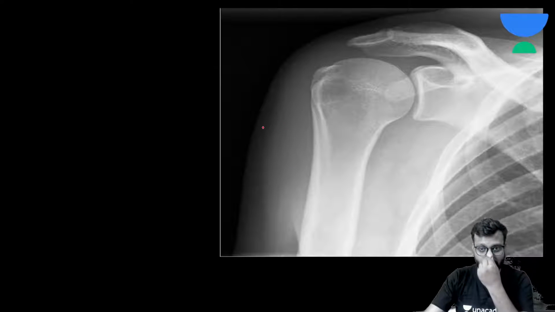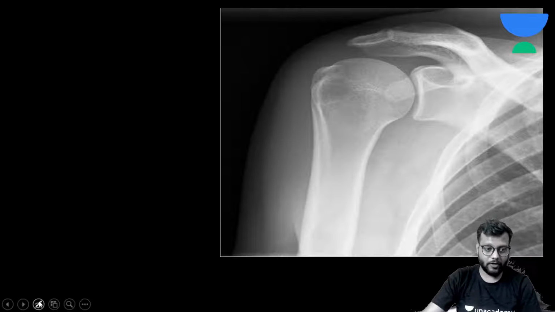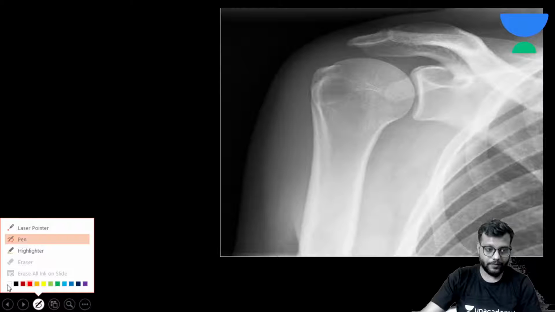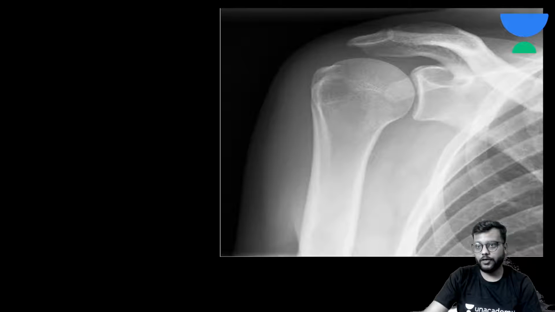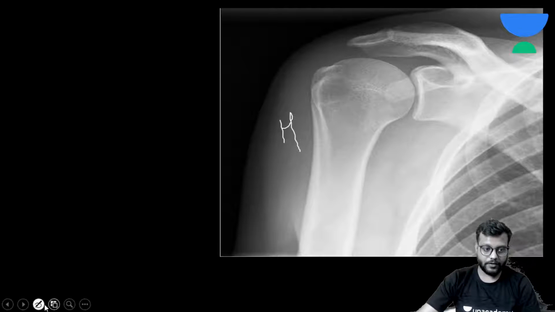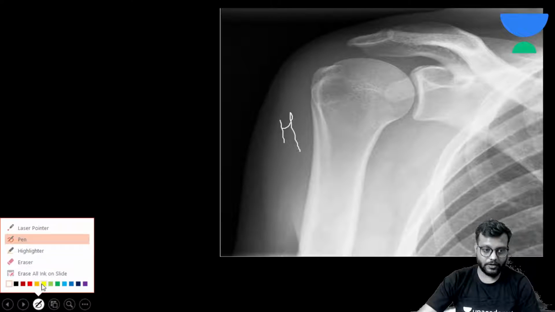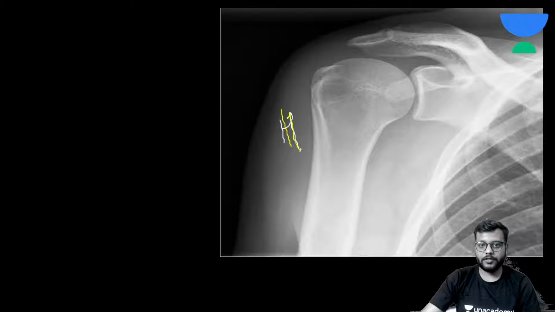So this is a normal X-ray of the shoulder joint. Okay, so see what it is. This is the humerus.